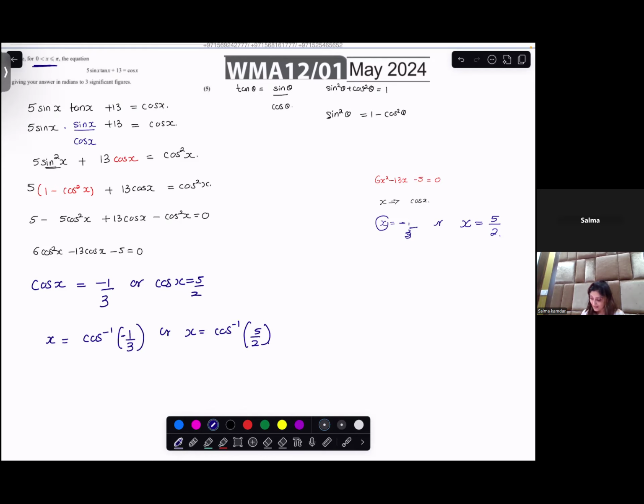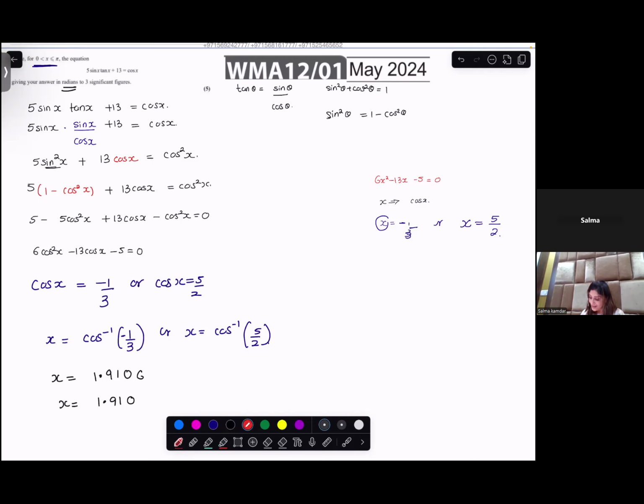I am getting my value of x, which is equal to 1.9106. I want it up to 3 significant places, so I can write it 1.910. Please note my answer is in rads. You check your calculator is set to rad.